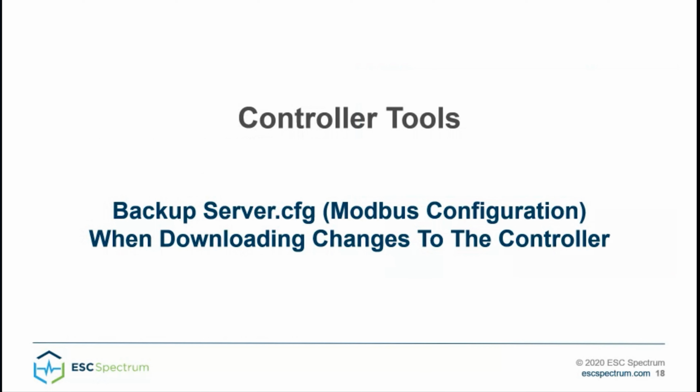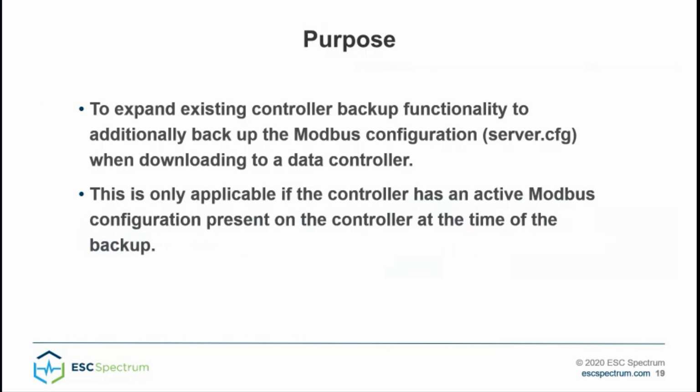We added improvements to the controller tools when downloading features, and that backup that occurs. We expanded that to support backing up of the Modbus configuration or the server.cfg file if it exists on the controller. Note that it is only applicable when the controller actually has an active Modbus configuration.